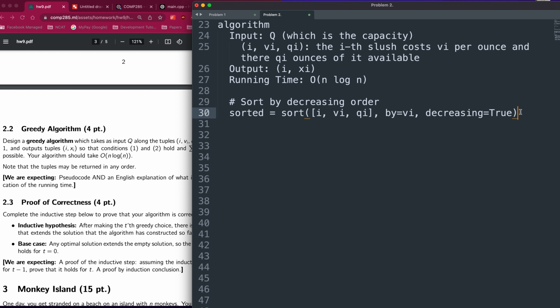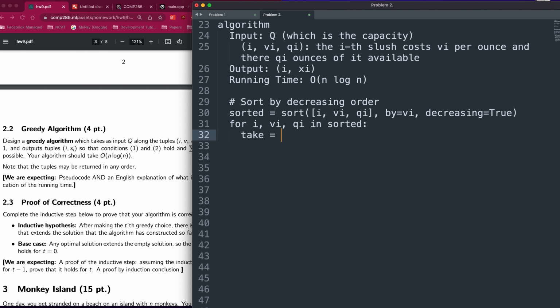Then we're just going to iterate over each of the elements in that order. So we're going to have I, Vi, Qi in sorted. Like we said in 2.1, if we already have some stuff in the cooler, and at the beginning it's going to start empty, let's take the most expensive one, as much of it as we can.